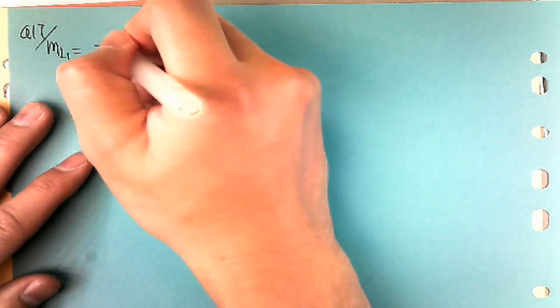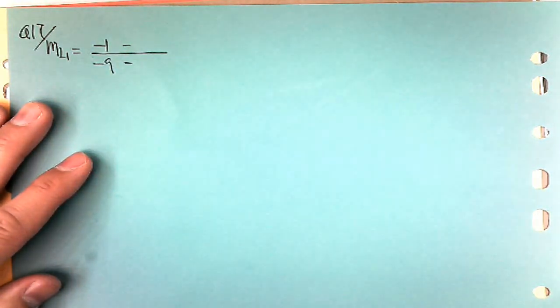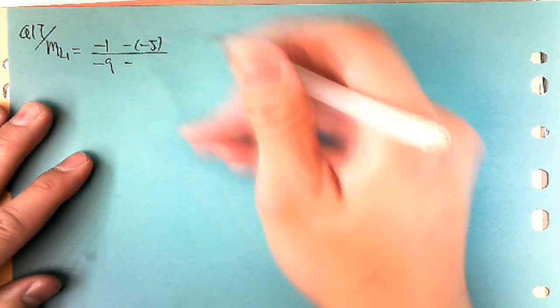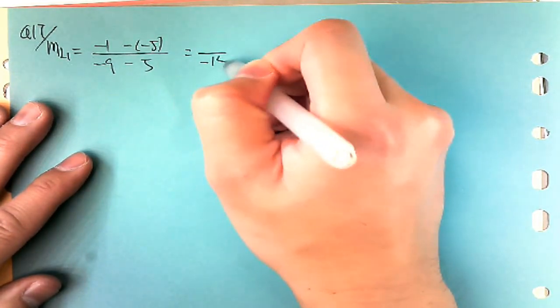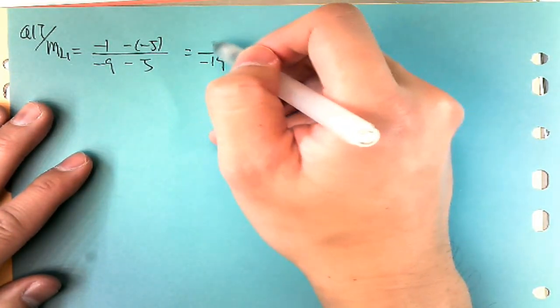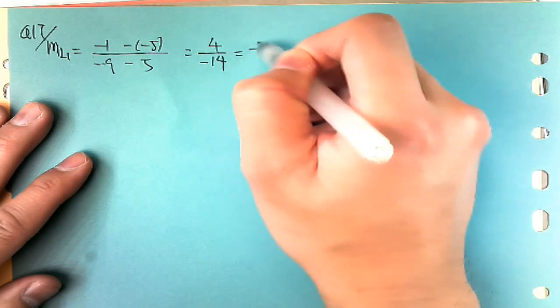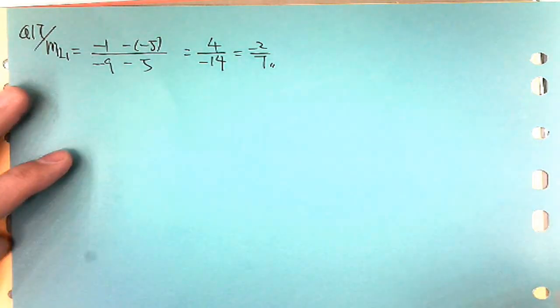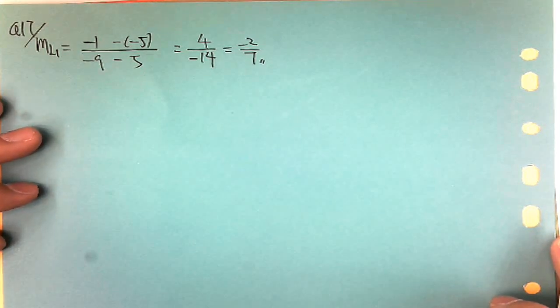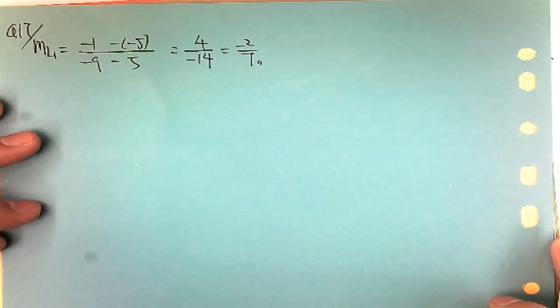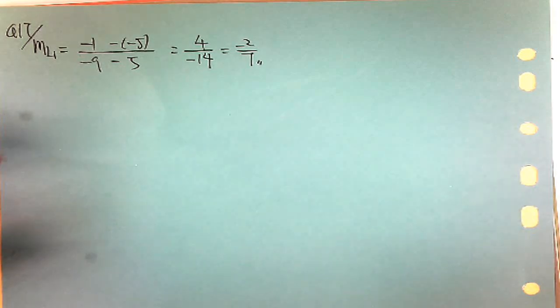Because we already see 2 points there. -1, -9. For the next is -5 and 5 here, okay? So -14 above here is +4, okay? -2/7. Put it there.